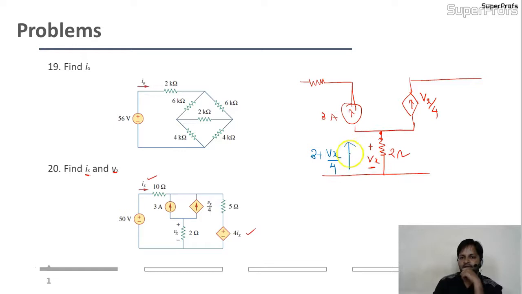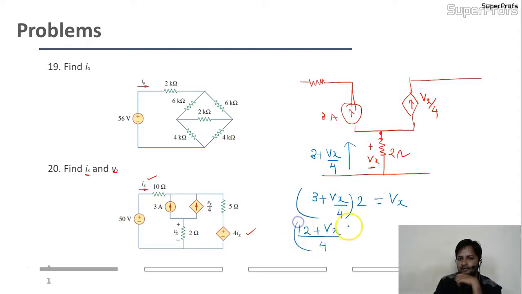Right? So the branch current is 3 plus Vx by 4. This is the branch current, and branch resistance is 2. Is equal to V, na? And the voltage across this is Vx. Directly given. One unknown, one equation. Okay, we'll find out. 12 plus Vx divided by 4 into 2 equal to Vx.